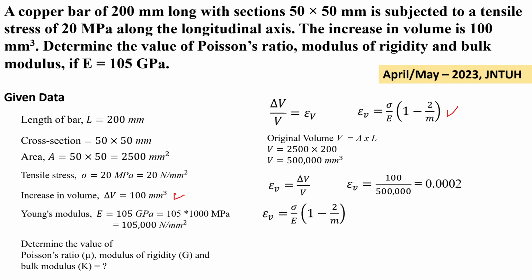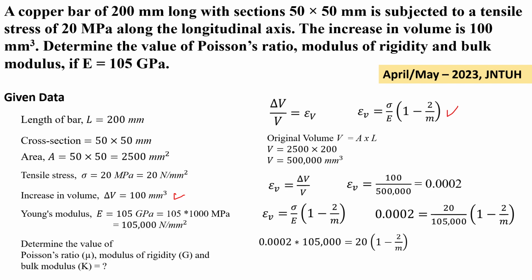Next we know the relationship between the Poisson ratio and the volumetric strain. Then substitute all the data; sigma we know, and the E value is also given. Substituting, epsilon V, 0.0002, equals sigma, which is 20, divided by E, which is 105,000, into 1 minus 2 by m.